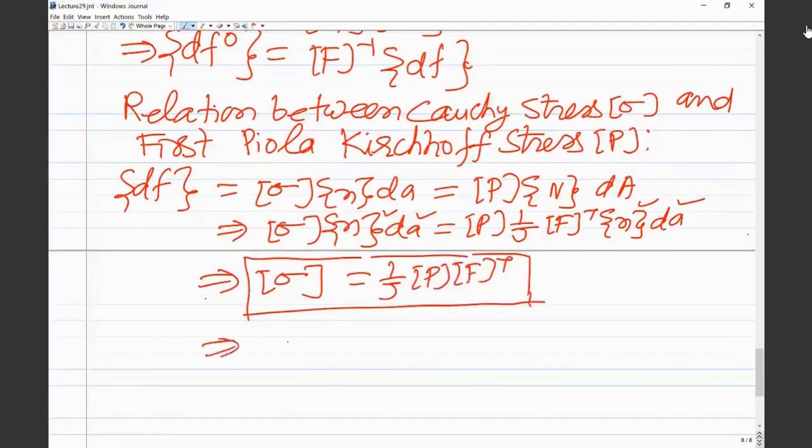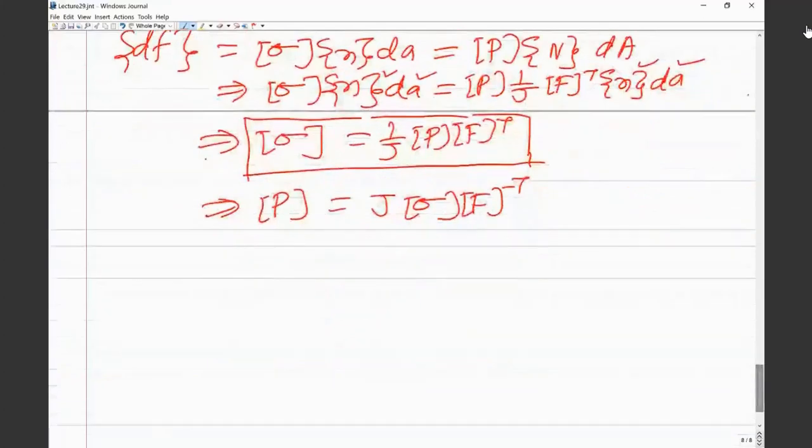If you post-multiply by F inverse transpose, you can get P in terms of sigma. So P equals J, the determinant of the deformation gradient, into sigma into F inverse transpose. This is the relationship between Cauchy stress and the first Piola-Kirchhoff stress tensor.